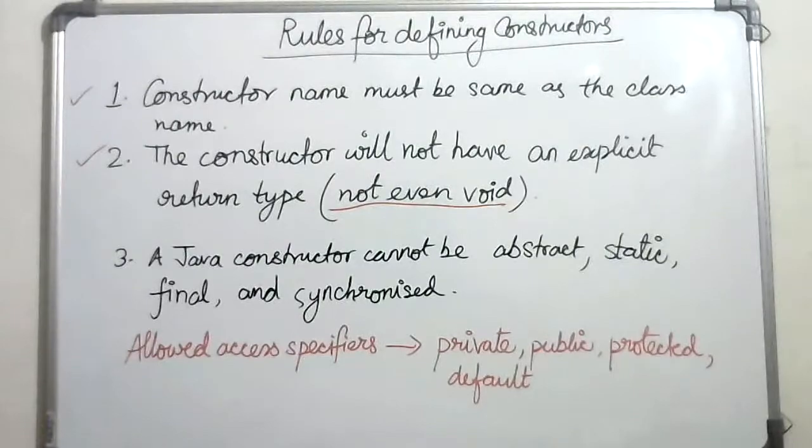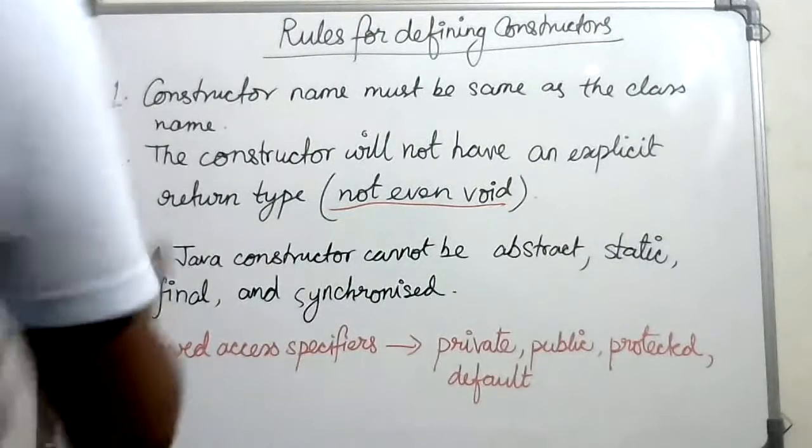Now, as we talked about a while before, there are basically two types of constructors. The first one is called a default constructor, which does not take any arguments, and the second one is called a parameterized constructor. So we shall dive into those two variations.